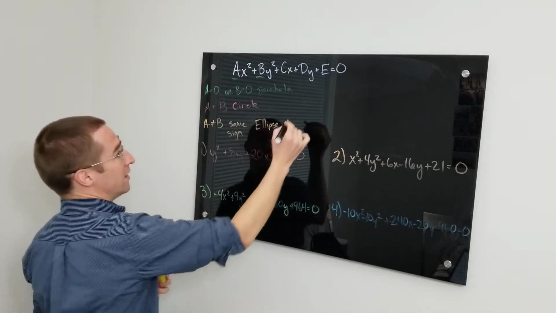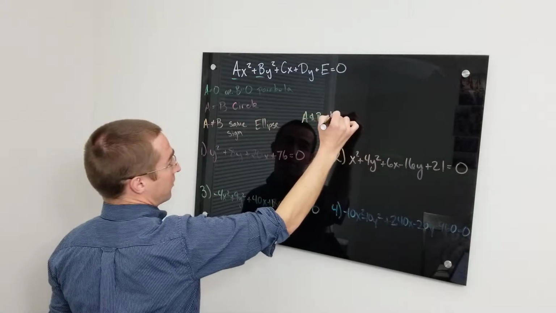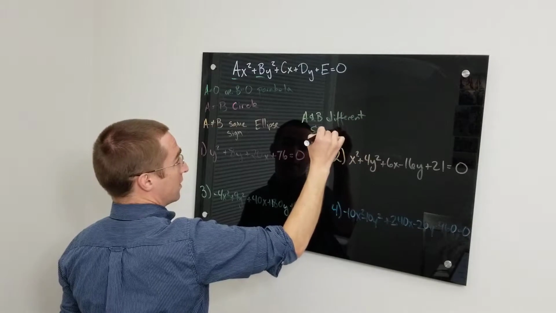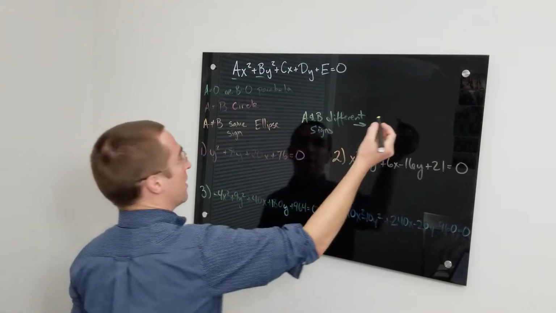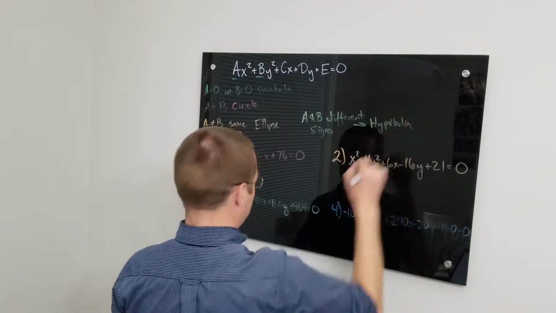And lastly, if A and B have different signs, in other words, one's positive, one's negative, then you're going to get a hyperbola.